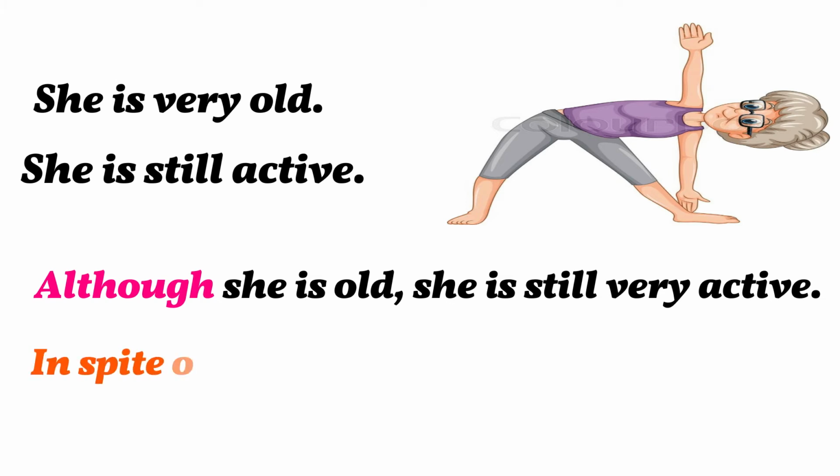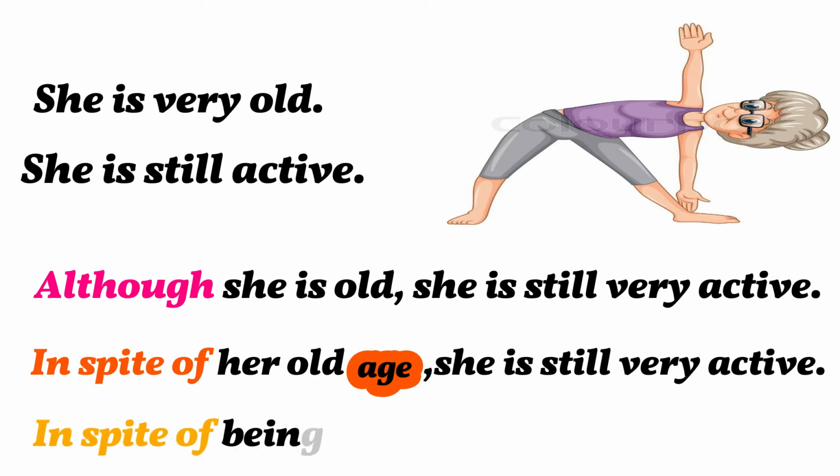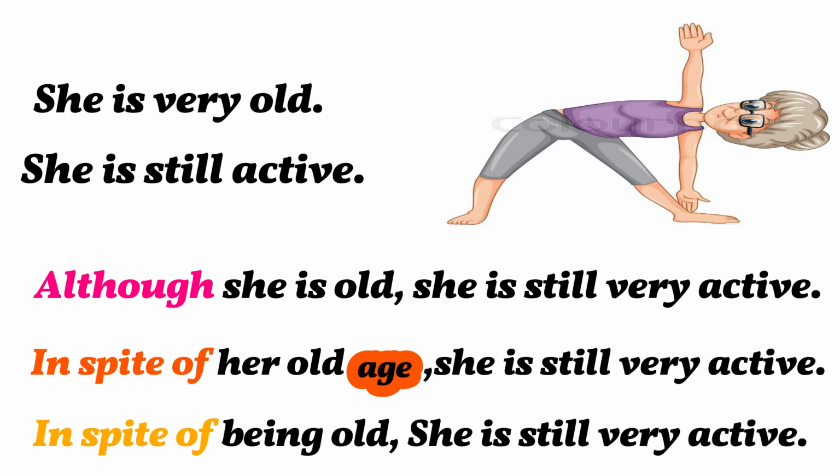So, in spite of her old age, age is a noun, isn't it? She's still very active. So here, in spite of her old age, it's plus noun. We can also say, in spite of being old, she's still very active. We take the verb, she's old, that's to be, and we put ing form. In spite of being old, she's still very active.